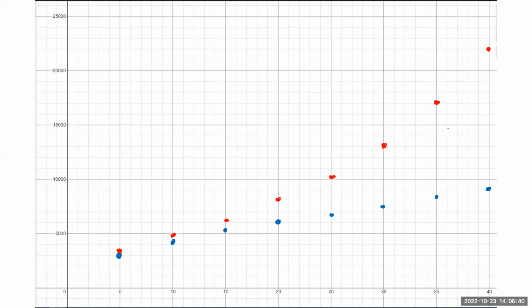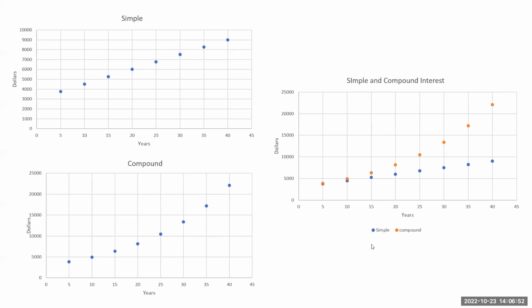Okay, guys, so take a look here at your graph, see how well it matches. Now your graph might not look super great because it is a little hard, so I put some graphs together here for you on Excel. On the left, we have simple interest only. And the bottom left is the compound interest only.